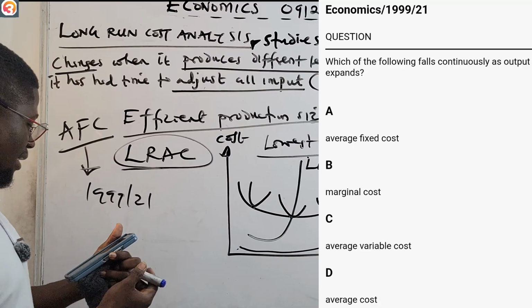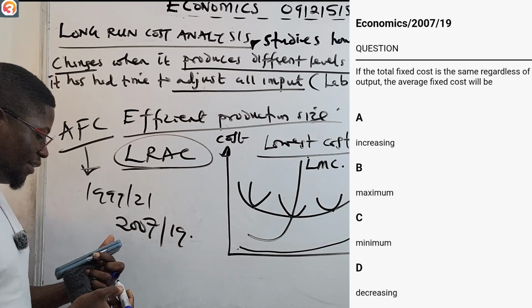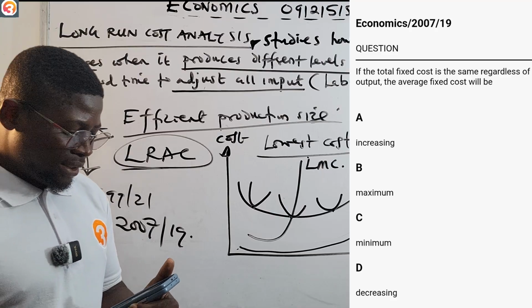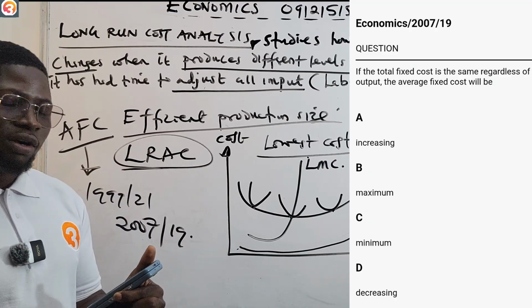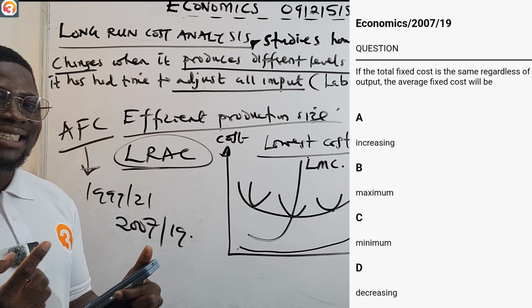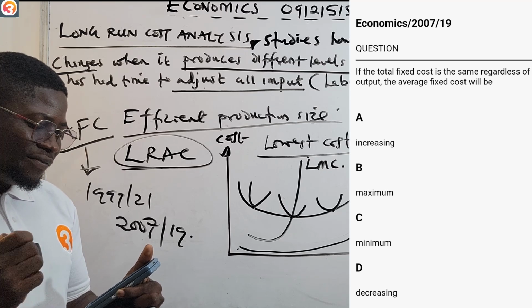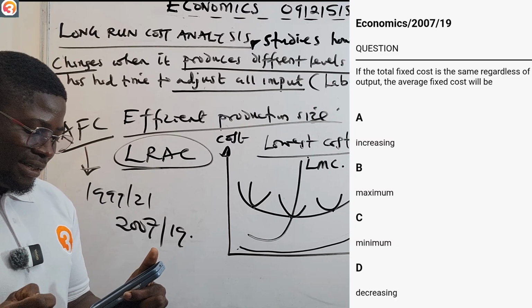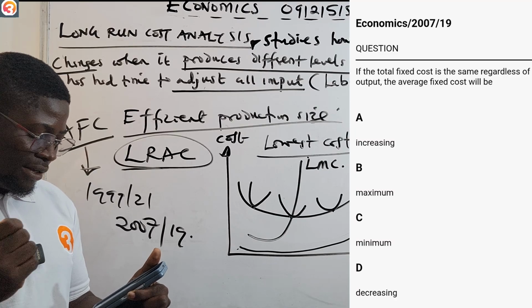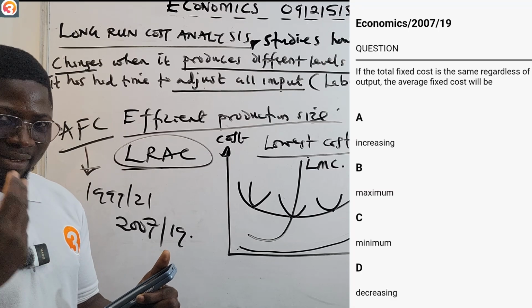We also have 2007, number 19. It says that if the total fixed cost is the same regardless of output, the average fixed cost will be: A increasing, B maximum, C minimum, D decreasing. So it keeps on decreasing.